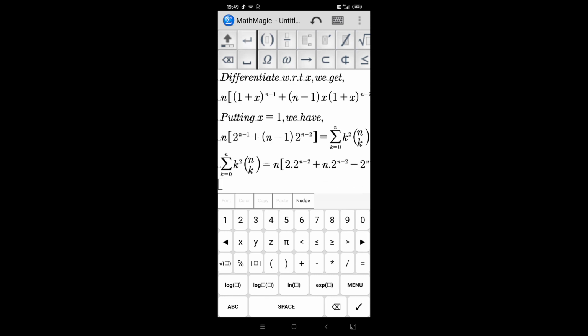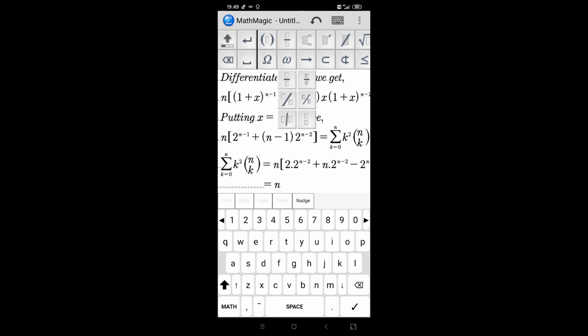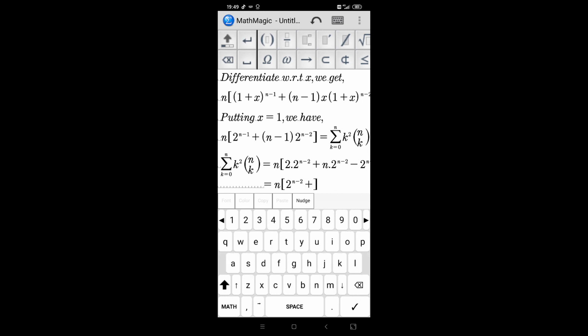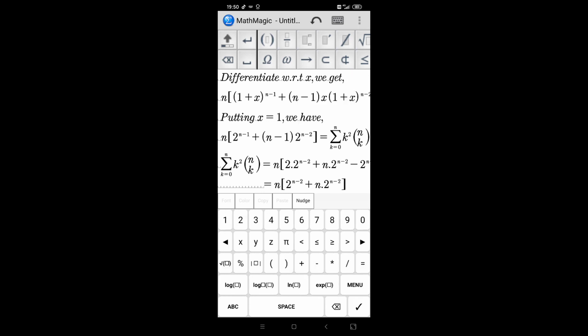Now what do we get? N times 2 to the power of n minus 2, and for 2 to the power of n minus 2 the coefficient is 2 for one term and 1 for the other, so 2 minus 1 is just 1, so it will be 2 to the power of n minus 2, plus n into 2 to the power of n minus 2.